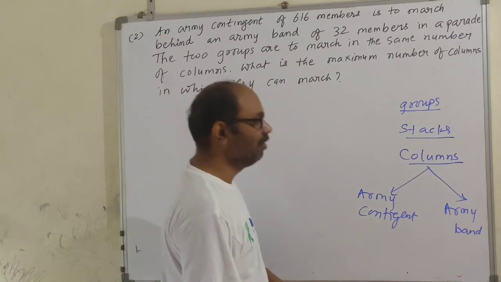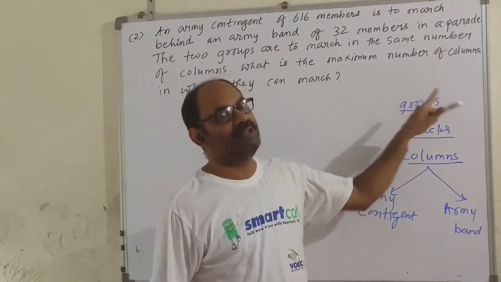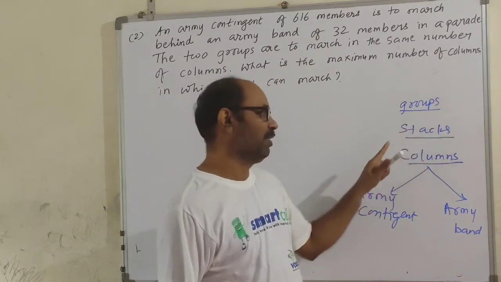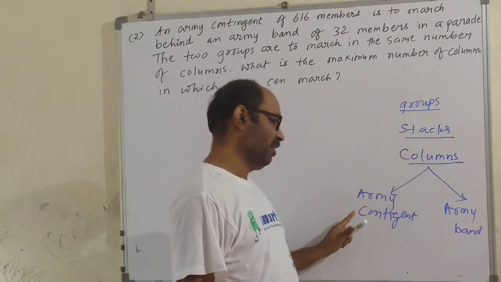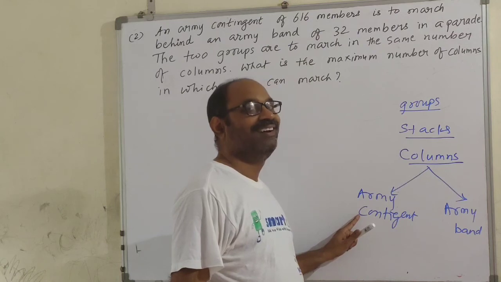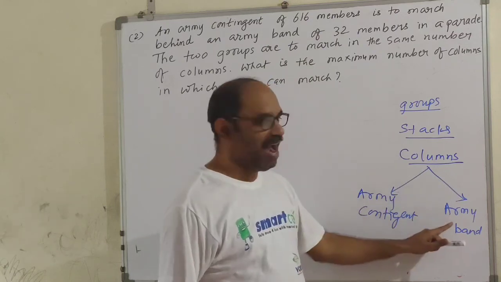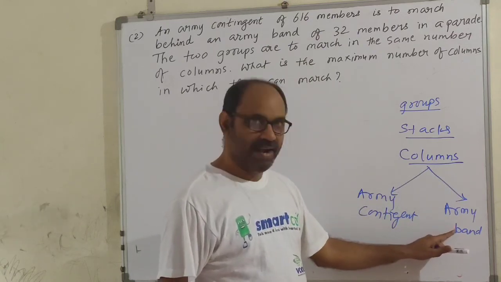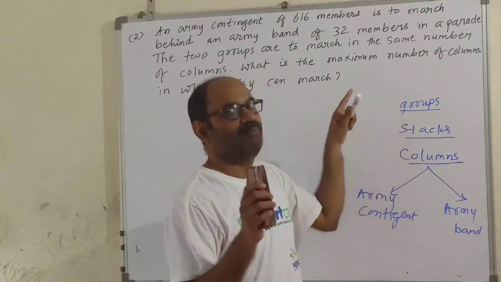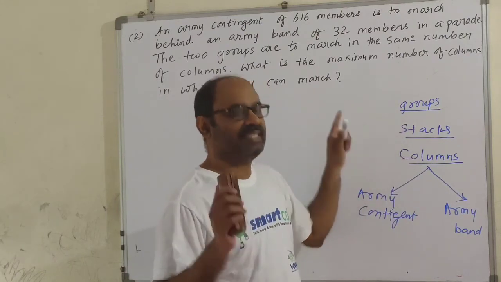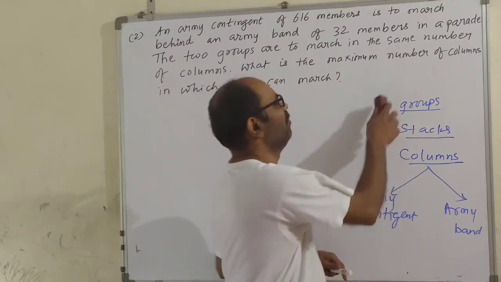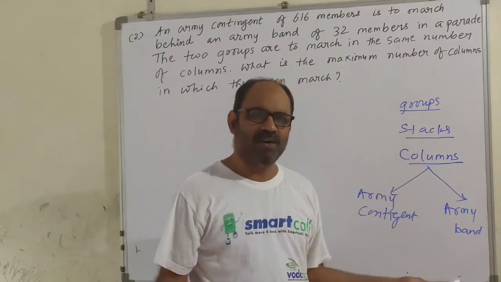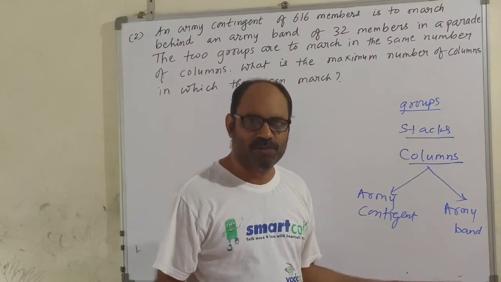Just like red marbles and blue marbles, Kaju burfis and Badam burfis were distributed, here we have to distribute army contingent and army band. Here we form groups, there we formed stacks, here we are going to form columns. Actually, the meaning of all this is formation of groups only.